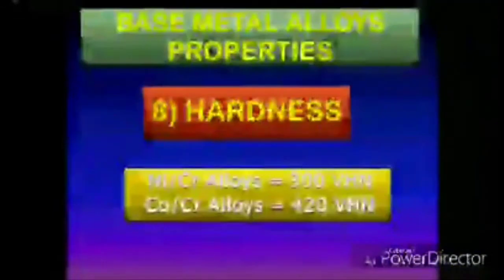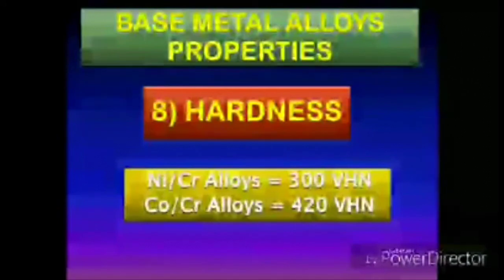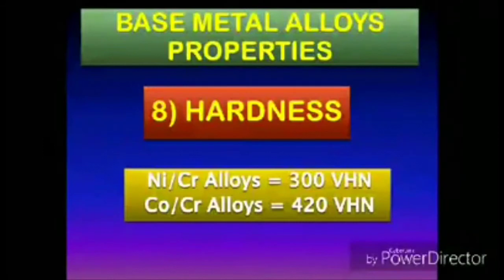Lastly, comparing the hardness, which is the property of a material to resist indentation, the Vickers hardness number for nickel chromium casting alloy is 300, whereas for cobalt chromium casting alloy it is 420. Both are difficult to polish, but they retain their polishing throughout the service due to the higher values of the hardness number.